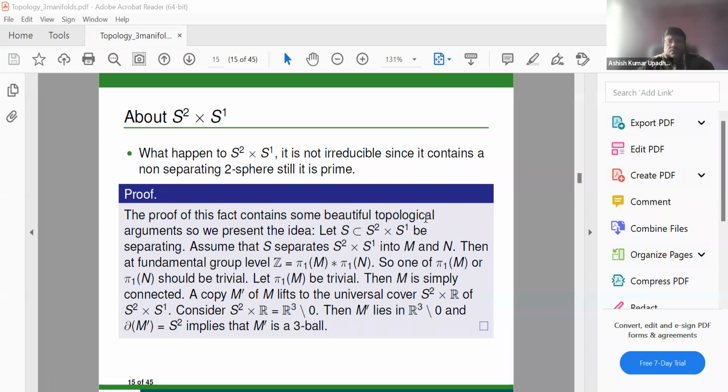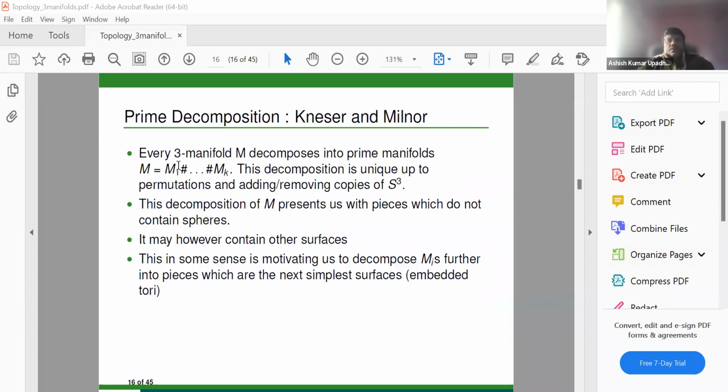Okay, so this is the situation about S2 cross S1. To sum up all these, we obtain an important result about the structure of 3-manifolds. Every 3-manifold decomposes into prime manifolds. Remember that in the first slide we put some conditions on manifolds, that they are connected and so on.